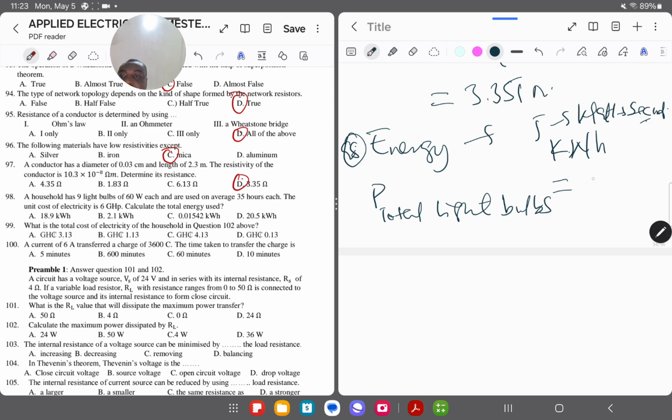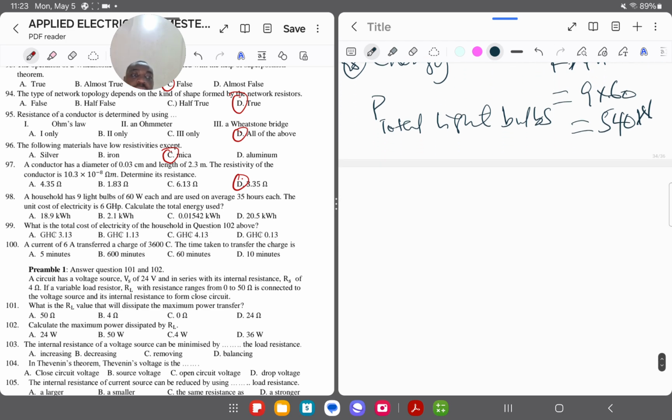Each one is 60, so that would just be 9 times 60, which is 540 watts. That's the power from the household with the 9 bulbs.